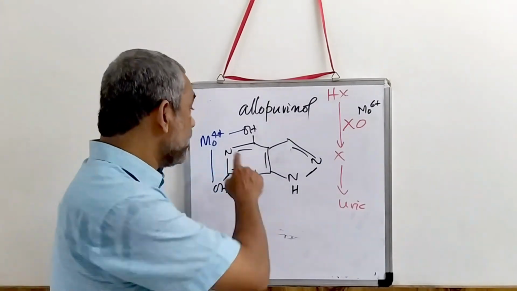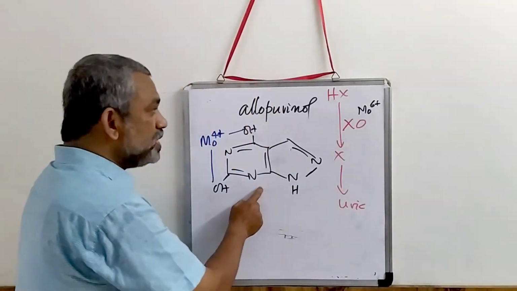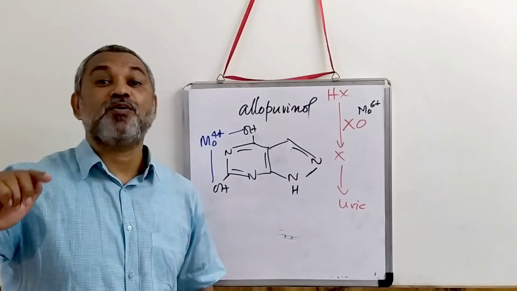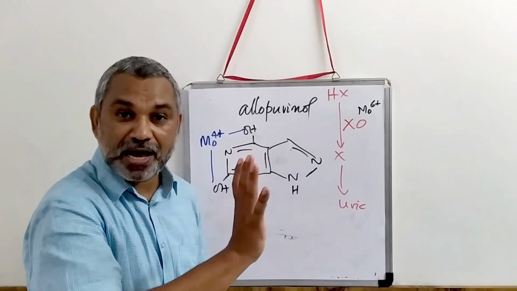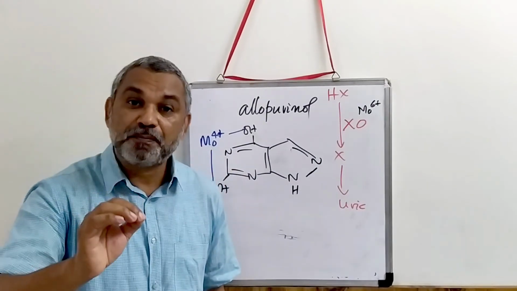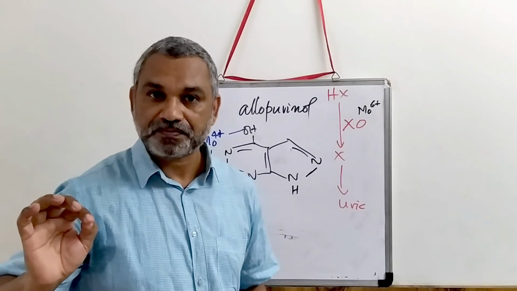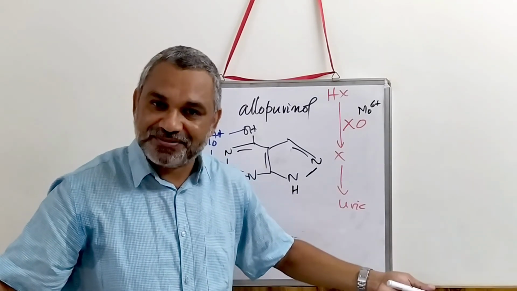This molybdenum is present in the active site of the enzyme, so allopurinol binds to this. Molybdenum 6+ is required for activity, and this substance will not allow molybdenum 4+ to reoxidize into the 6+ form. Therefore, no activity for the enzyme. The enzyme is inactive.